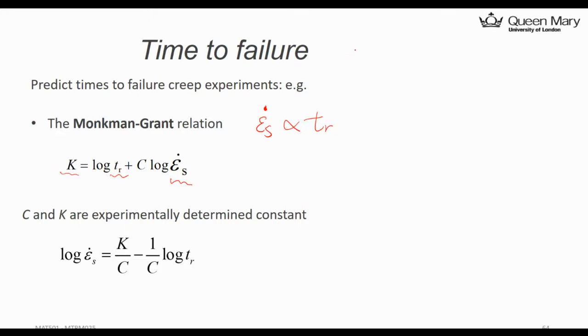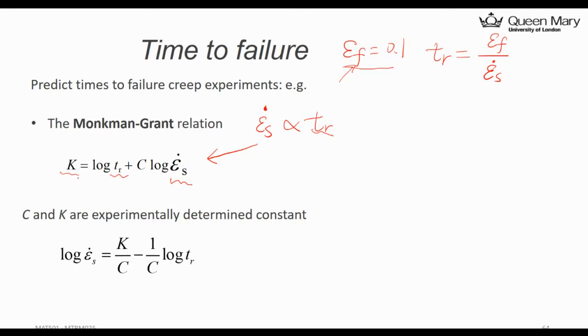This is different from the things we talked about before. We are normally given the final failure strain, which is like 0.1. If you're not given that, how can you determine TR? TR originally is determined by epsilon F over epsilon S dot. But if you're not given that value, how can you get this TR? Basically this is the equation to get TR, the time to failure.